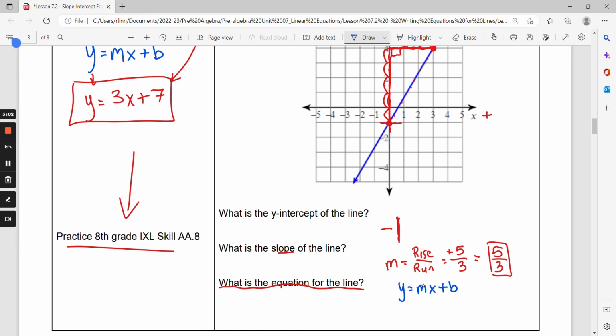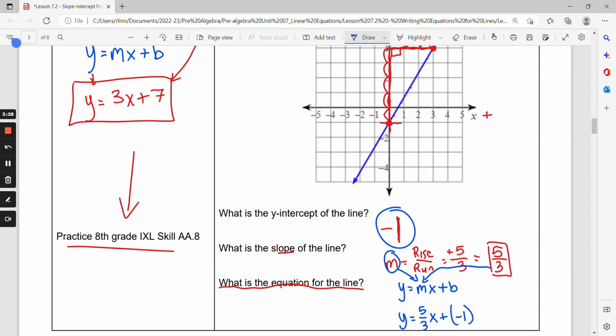So I remember I've got my m right here, and that matches with my m in my slope-intercept form. So I'm going to take my 5/3 and put that in place of my slope. So I've got y equals 5/3 x plus b. Now I know that b is my y-intercept, so I'm going to say it's plus -1.